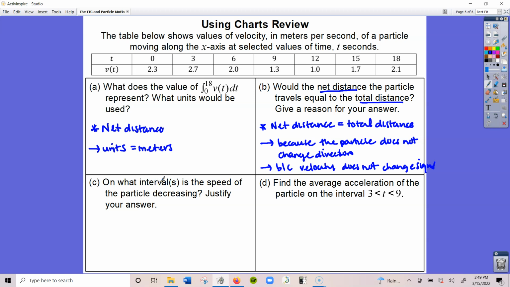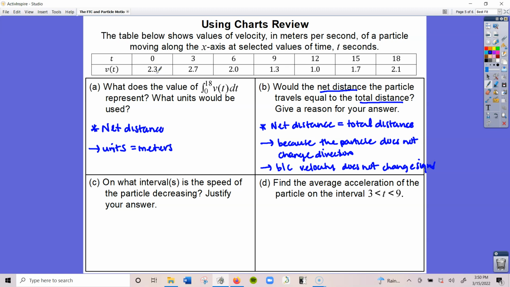In order to know if the speed of the particle is increasing or decreasing, we would need to compare the signs of velocity and acceleration. So how do we know the sign of acceleration? If velocity is increasing, then acceleration is positive. If velocity is decreasing, then acceleration is negative, since acceleration is the first derivative of velocity.